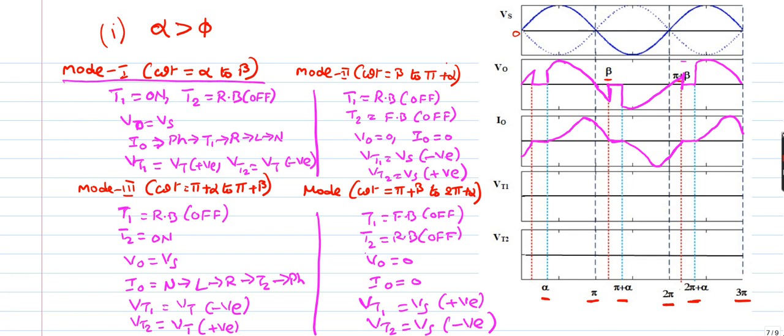Now in mode 1 at alpha, thyristor on state voltage drop, and from here alpha to beta. In mode 2, beta to pi plus alpha, Vs negative.